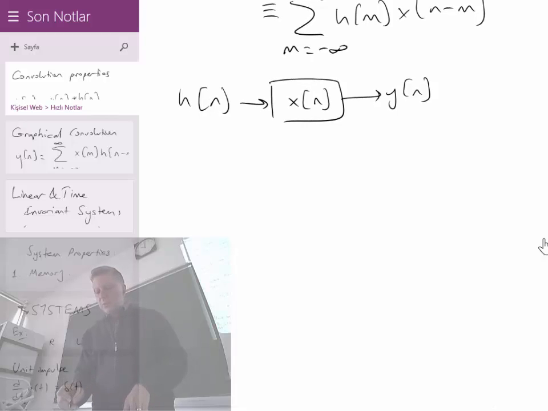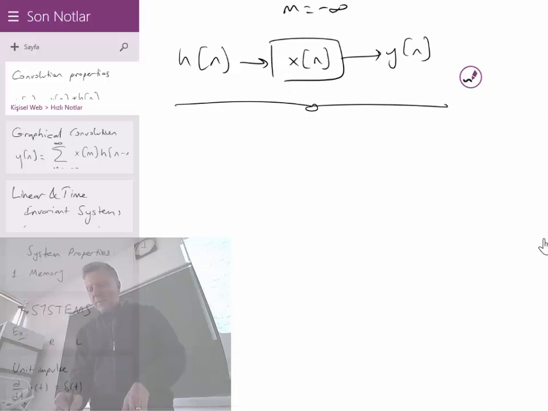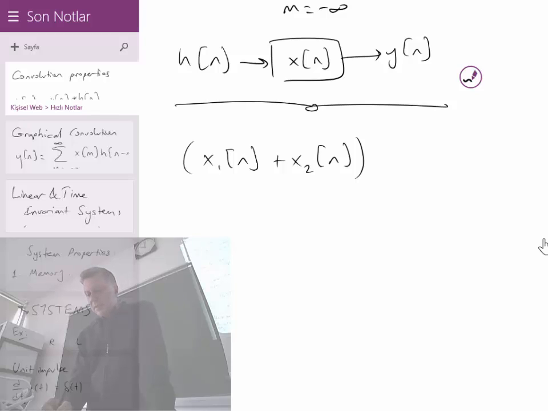What other properties do we have? We have this, for example. If you have two signals added as an input to a system, then you should convolve this summation with h of n to produce y of n.